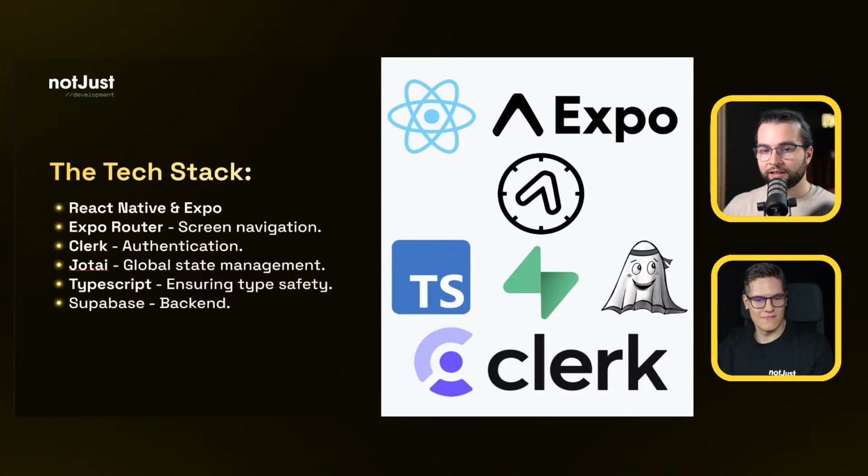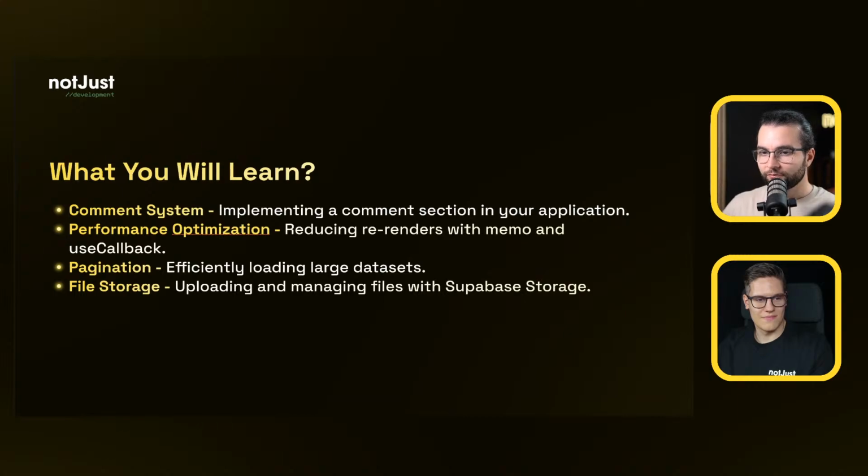So, Lucas, what will we learn today? So, first things first, we will be building our comment section on the front end. We need to make it optimized, not sacrifice the performance, and also make it look good. Those are our two main goals on the UI.